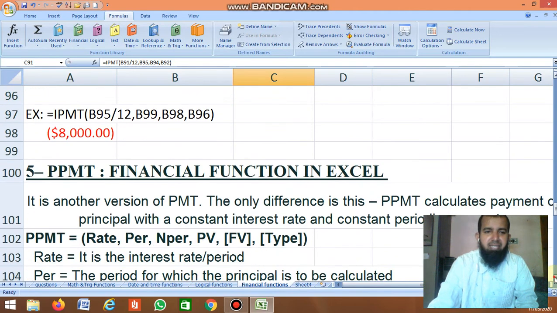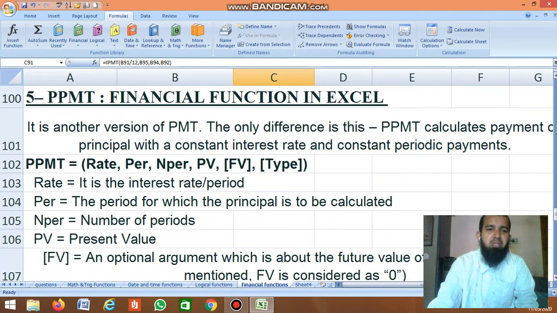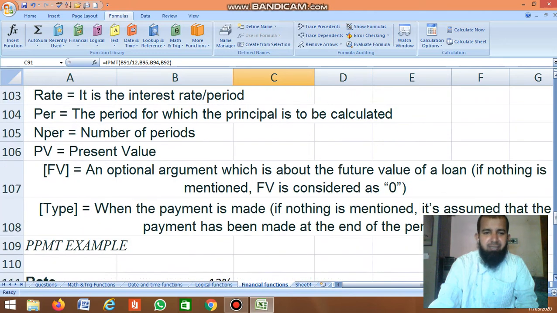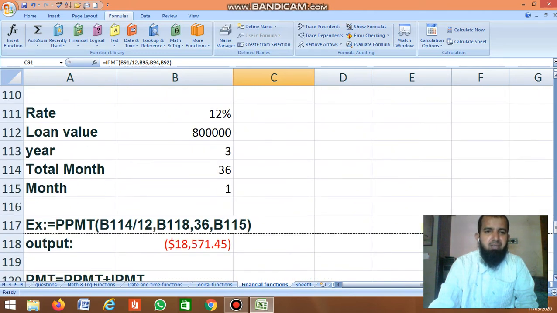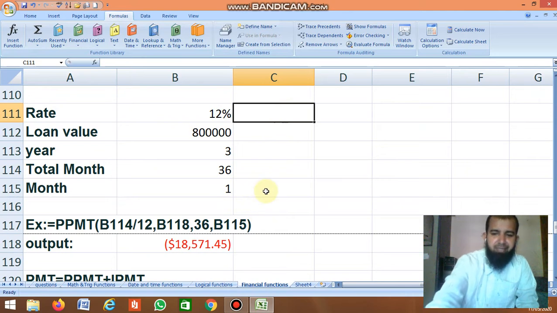Then last function is PPMT. You want to know the principal amount. So this is the syntax. Take an example. Same example. Let's find the PPMT, principal amount of the first month.